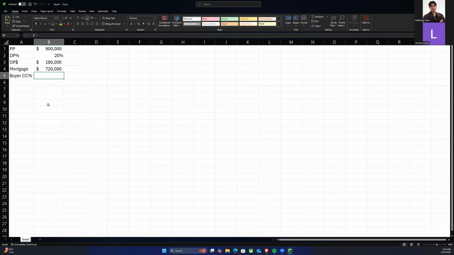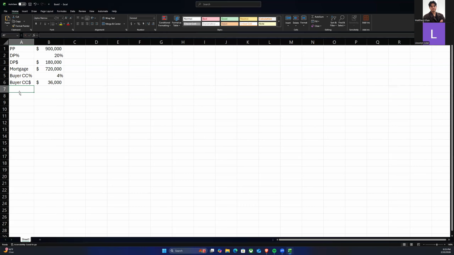Generally for New York, where we bought it, it's approximately 4%. Now we can put the buyer dollar amount. You can imagine the minute we purchase the property, we are already losing $36,000. So you take that into consideration.